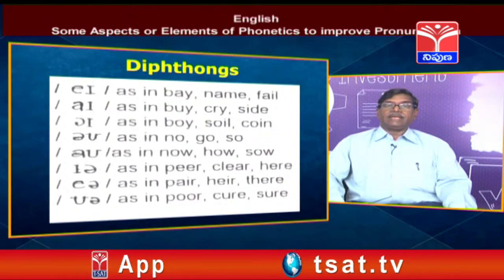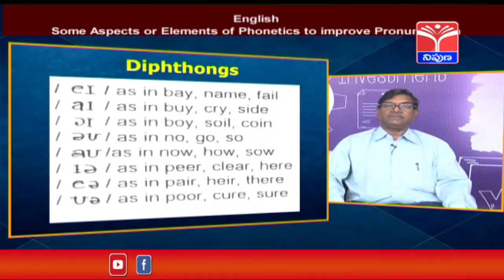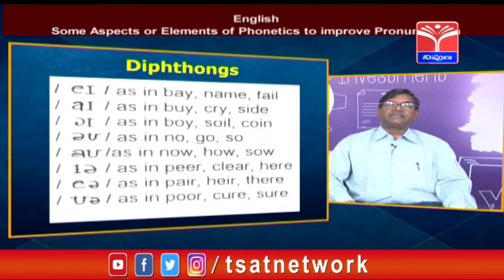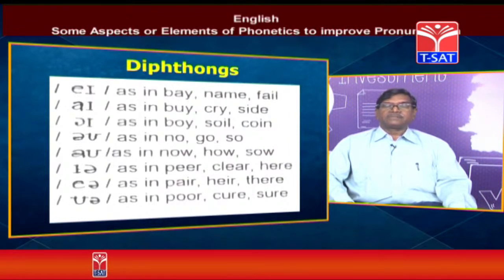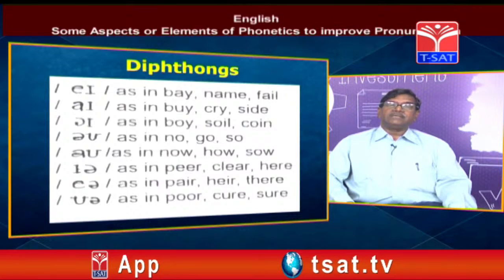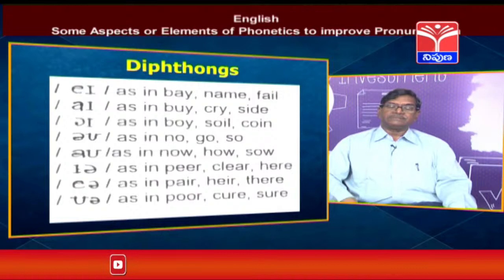Ear, air, ua. These three sounds end with the a sound. So, that way we have 8 diphthongs in English. So, 8 diphthongs and 12 monophthongs. Totally 20 vowel sounds are there in English.